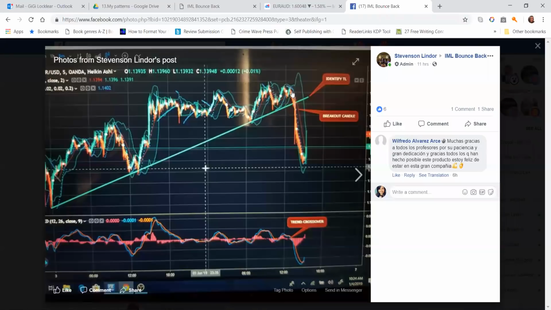He drew a trend line, the breakout candle, and the crossover here. He says he gets in at the trend line break, but most people just get in when it says get in. Identify your trend line, you got your breakout candle, you sell, and you can confirm with the crossover at the MACD. If you look left, you had a pullback or a correction, so you'll probably see this pullback and correct, then continue down to here.